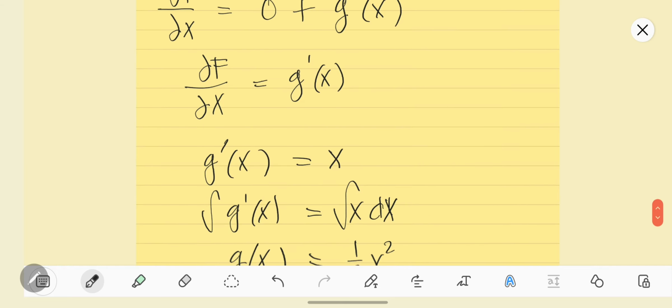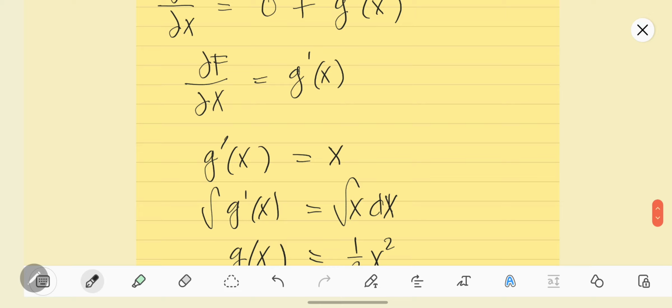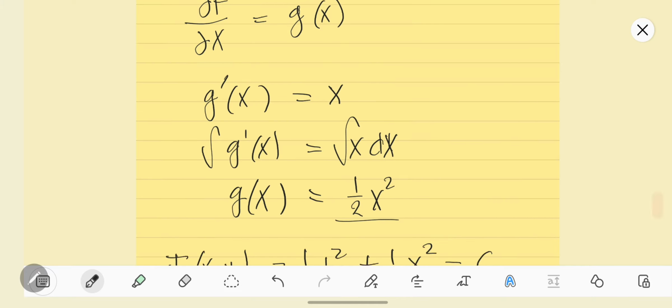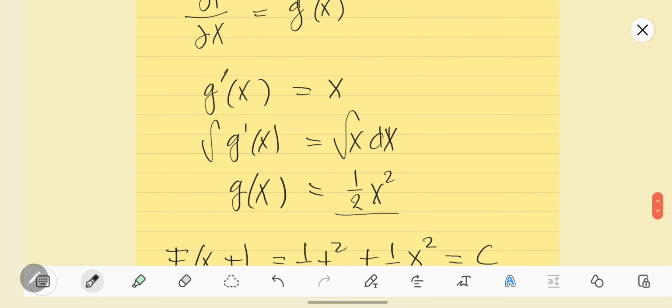Now we can plug this into our equation, which is our derivative of f over x over dx is equal to n, which is our n is equal to x. So the partial derivative of g, or the integral of g prime of x, is equal to the integral of x dx.